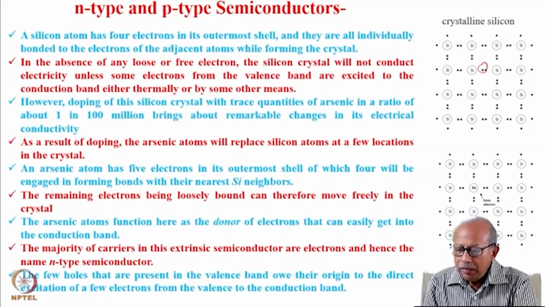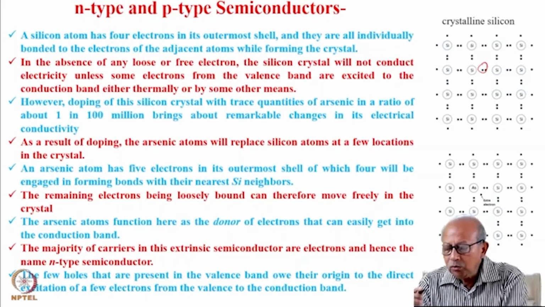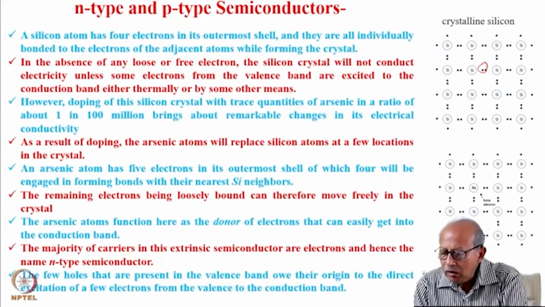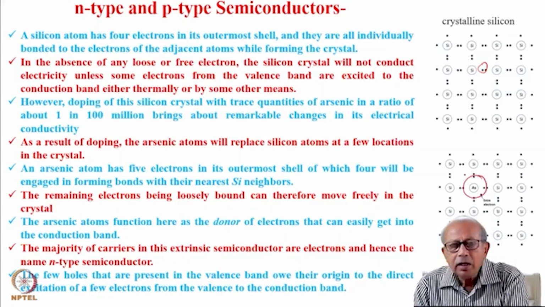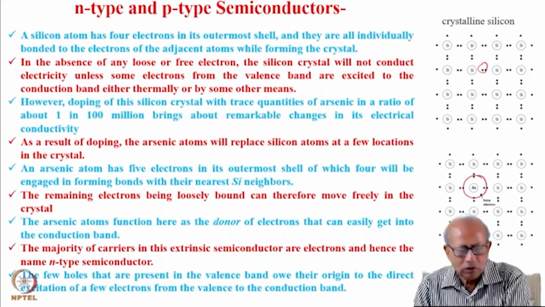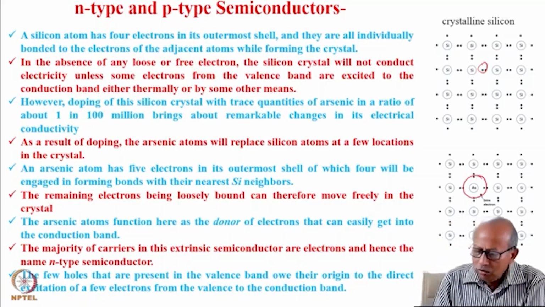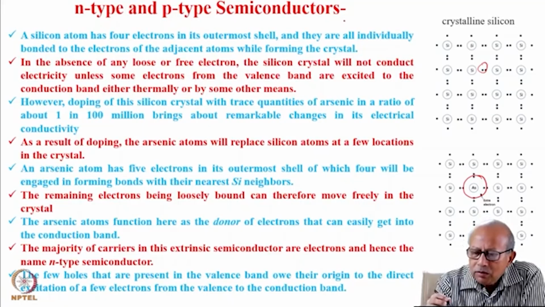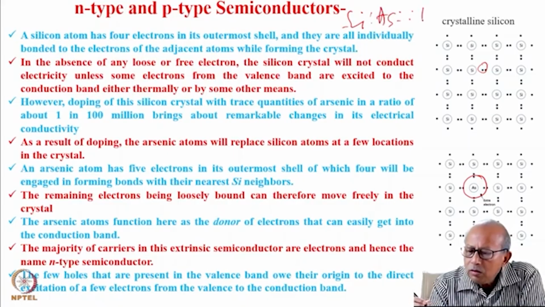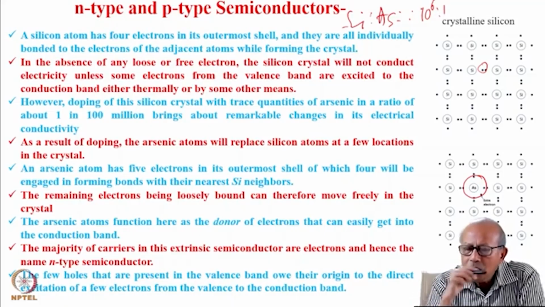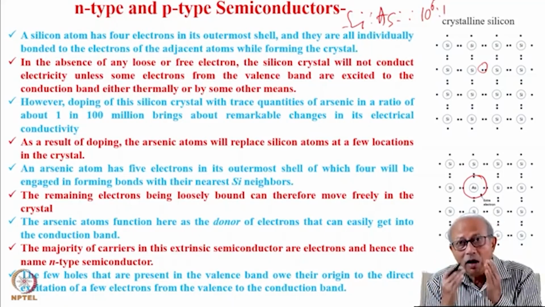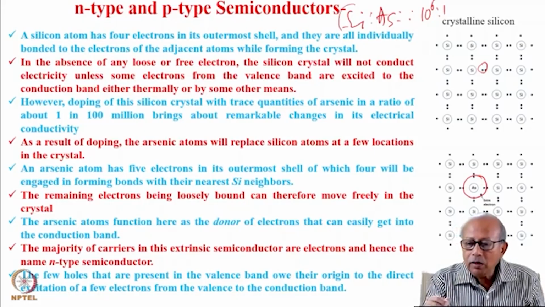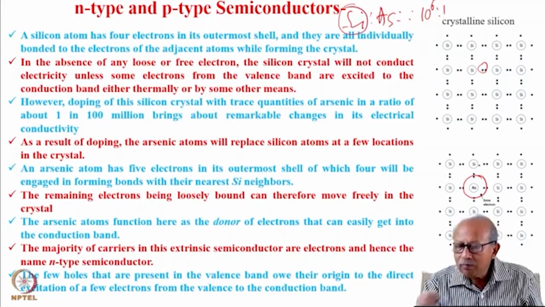However, if you dope this silicon crystal with, say, arsenic atoms in a trace quantity, the quantity can be so small that the silicon to arsenic concentration can be of the scale of 10 to the power 6 to 1, or even more. That is, 1 in 100 million silicon is replaced by arsenic.